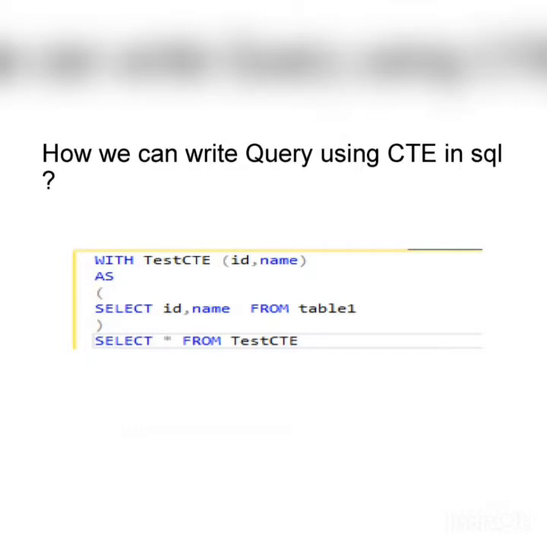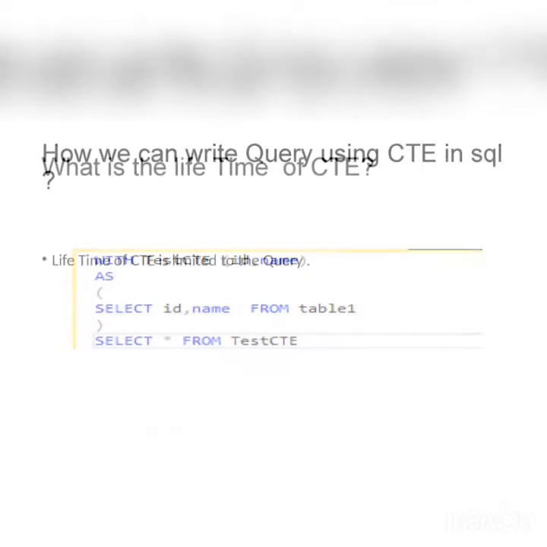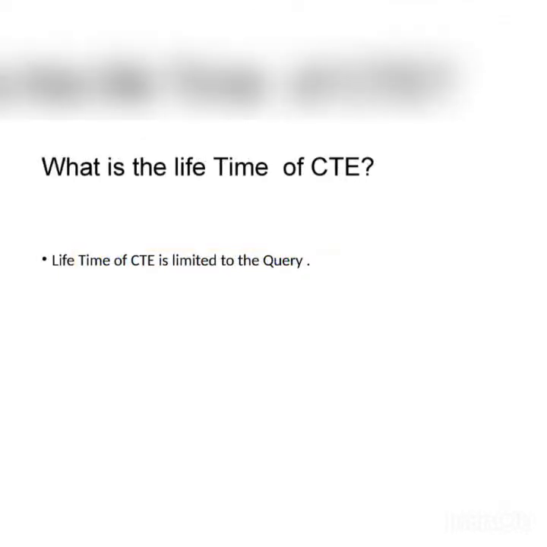Suppose you are using the employee table: select employee ID, employee name from the employee table. After that, you select star from the CTE table. This is the way you can write the CTE.